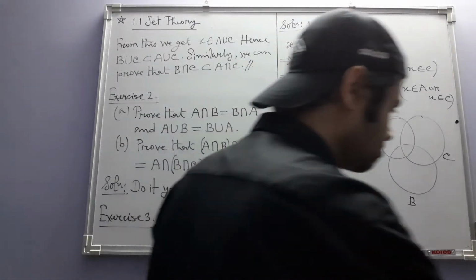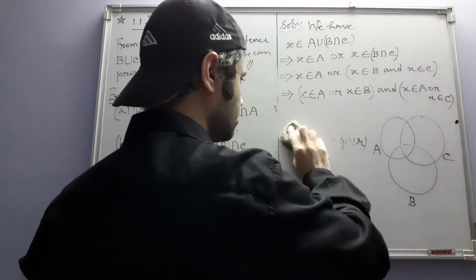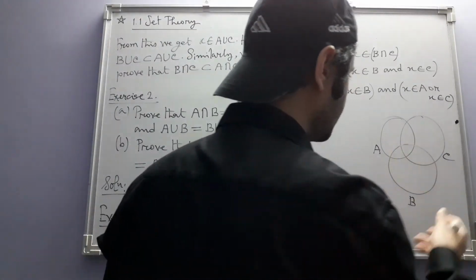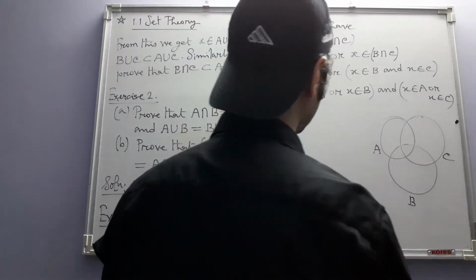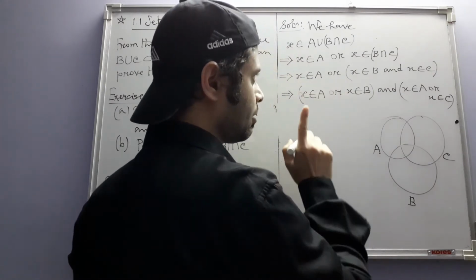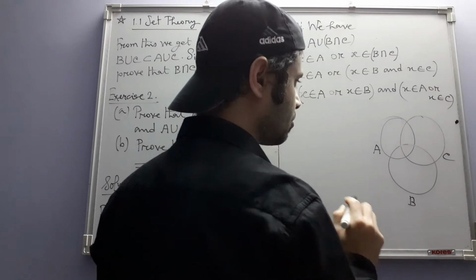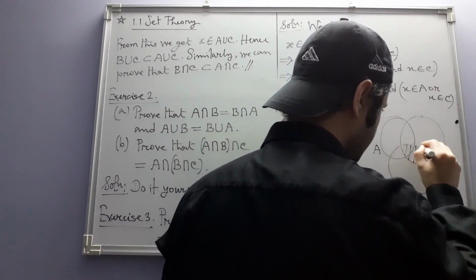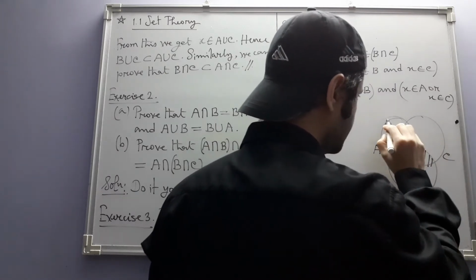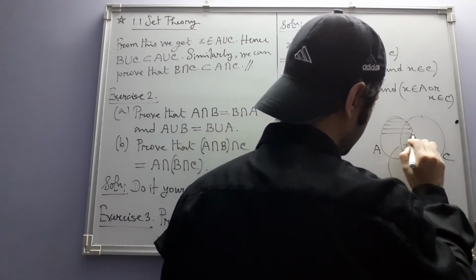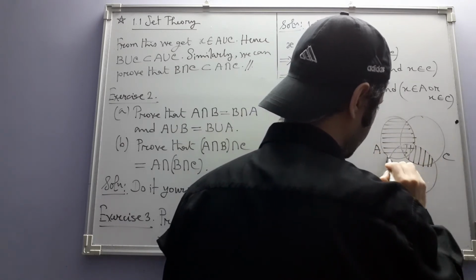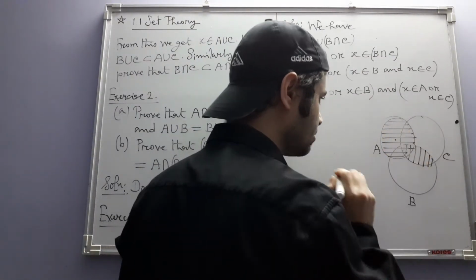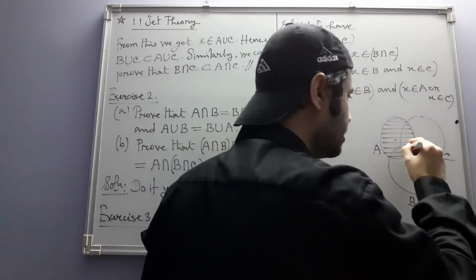But without mathematical logic also you can think in general terms, in terms of a Venn diagram. You see, x belongs to A or x belongs to B intersection C. Now what is B intersection C here? This is B intersection C, right? And this is A. Now x is either here or in both of them.